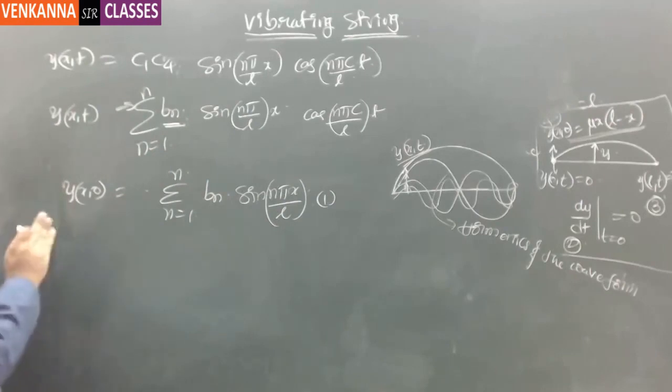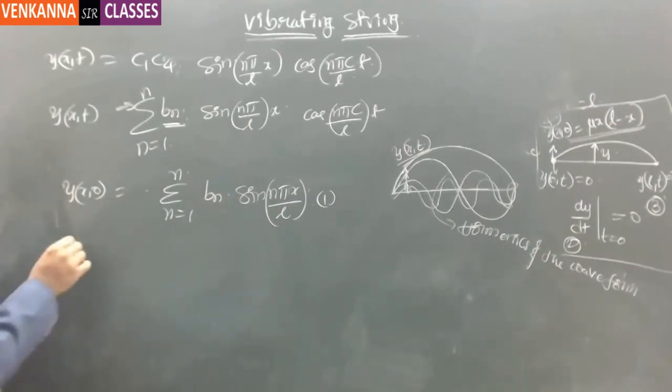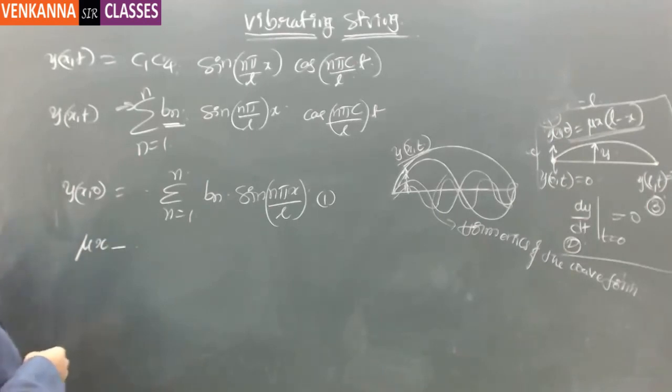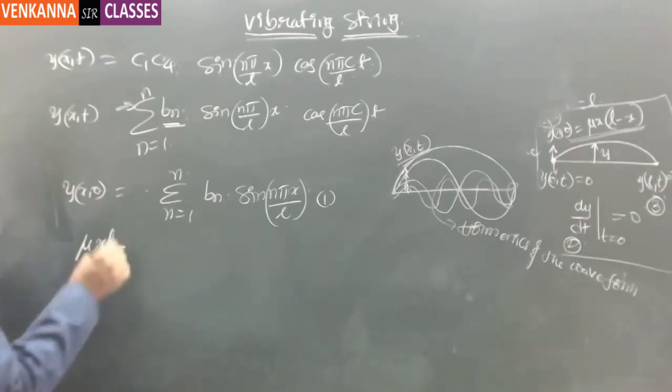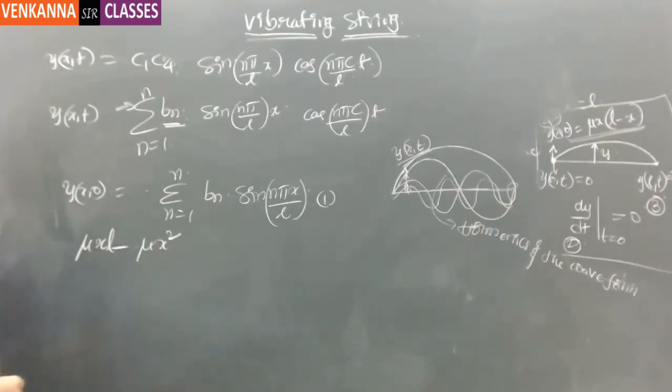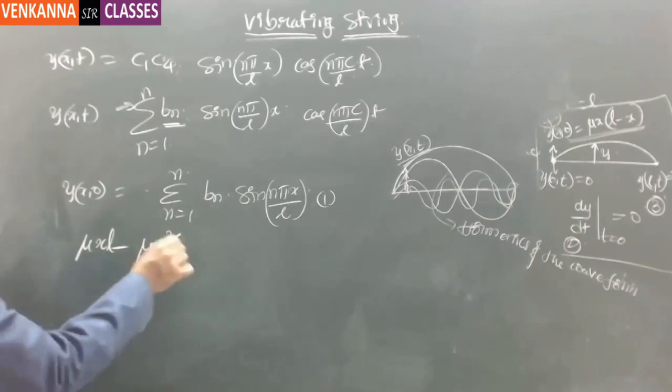So this value y of x comma 0 is nothing but mu times x minus mu x into L minus mu x square. Yeah, minus mu x square.